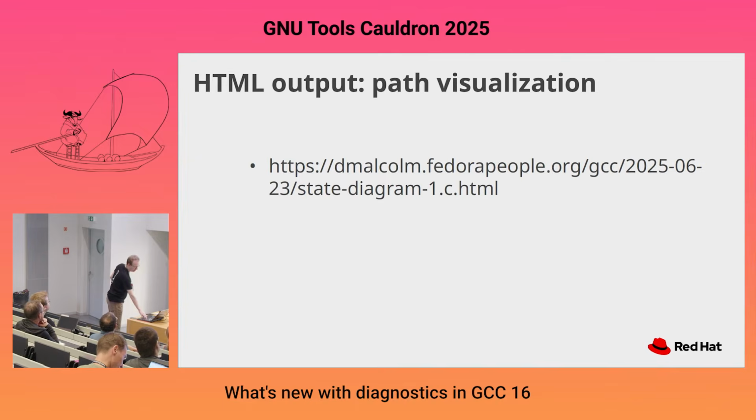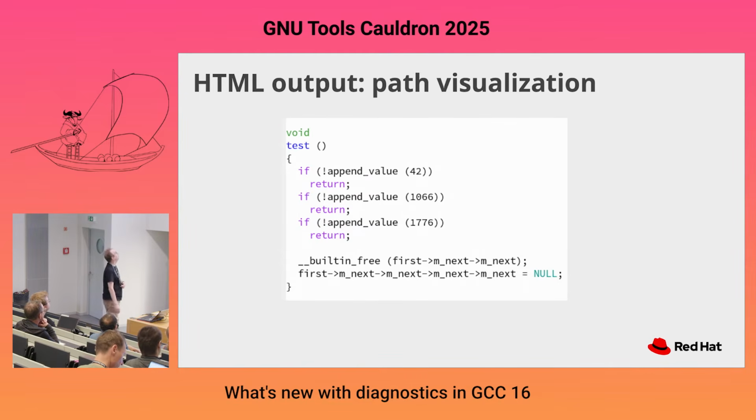So as an example, I've got this example. The reason I'm building all this is because I've been trying to debug the static analyzer, and I needed better tooling so I could visualize what's going on.